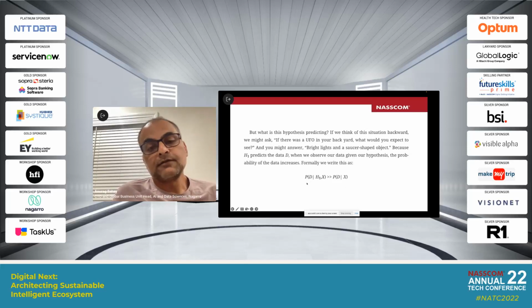sorry, let's not look at the left one first. Let's look at the right one first, because that's easier and then we'll parse it better. The probability that I'm seeing a brightly lit object and a saucer shaped object in the sky, given our experience on the Earth, is more surprising than the probability that I'd see that brightly lit object and the saucer shaped object in the sky, given the fact that I know that there are UFOs and what I'm seeing is a UFO.